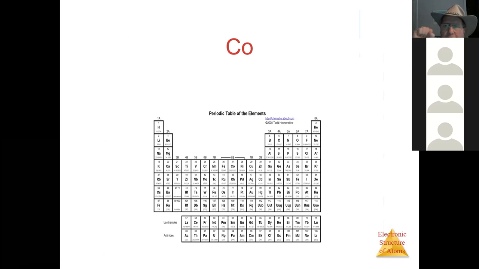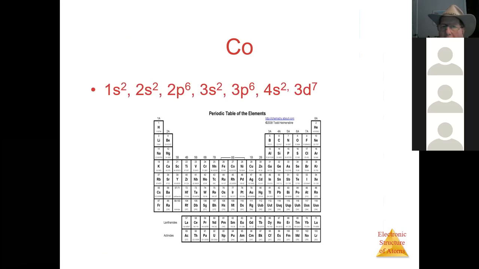The 4s gets filled before the 3d. So I have to put 2 electrons in my 4s and 7 in my 3d. So if I write that all out, I've got my electron configuration of cobalt. Any questions, ladies and gentlemen?